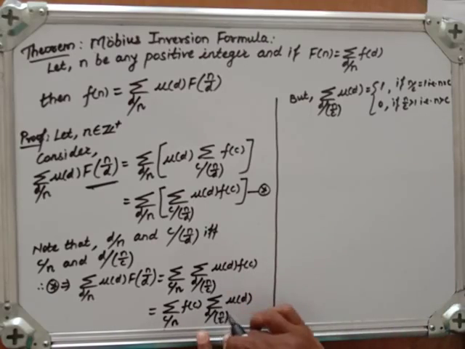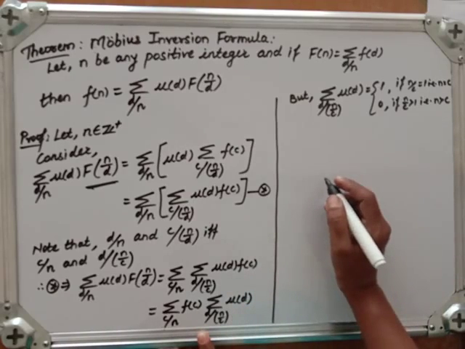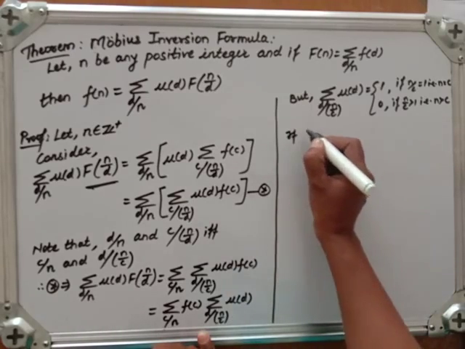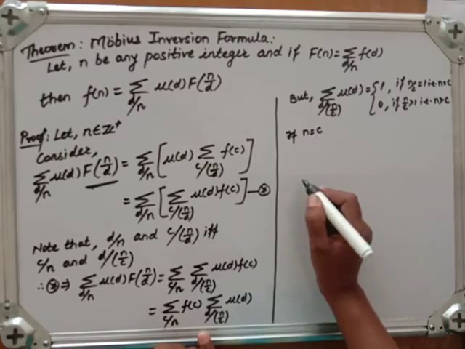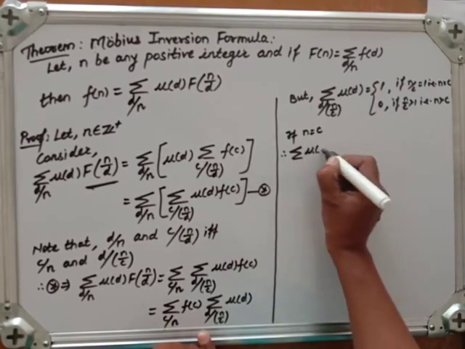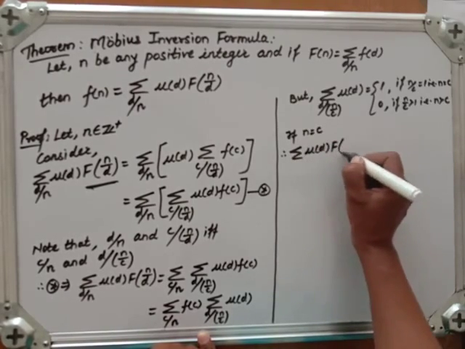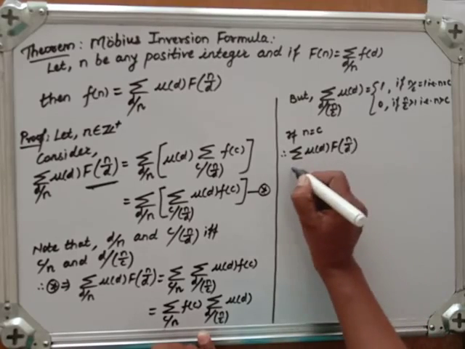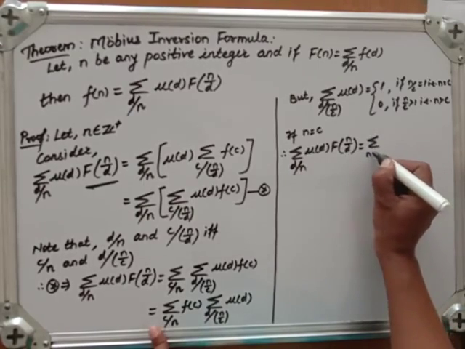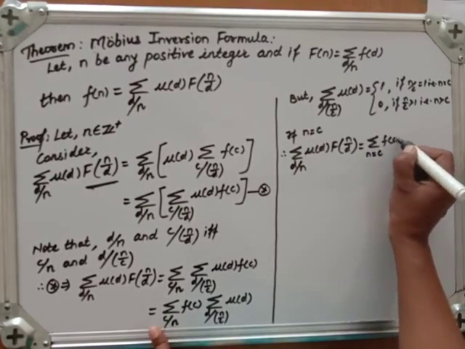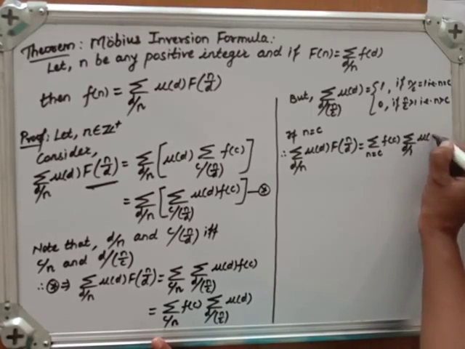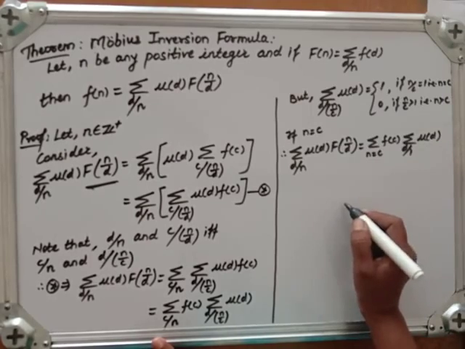So now if we assume n equal to c, therefore the summation of mu(d) into capital F(n/d), d dividing n, will be the summation where n equal to c of f(c) into the summation over d dividing 1 of mu(d).